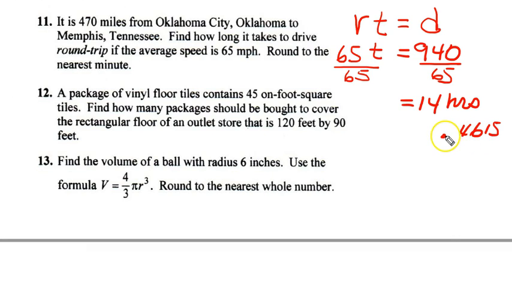So we're going to have to take that 0.4615 and times it by 60, which is the number of minutes in an hour, because this is a decimal fraction of an hour that we want to convert to minutes.